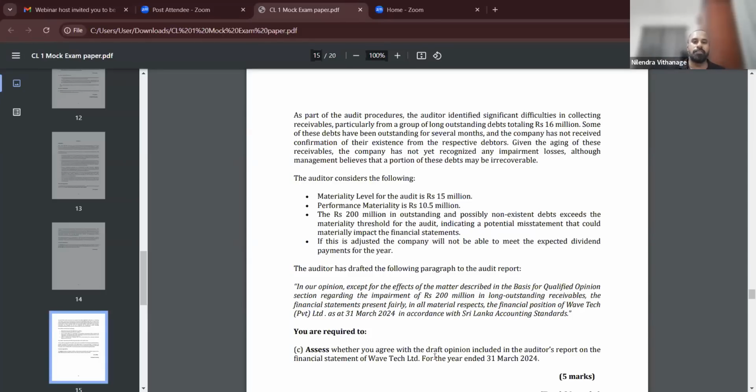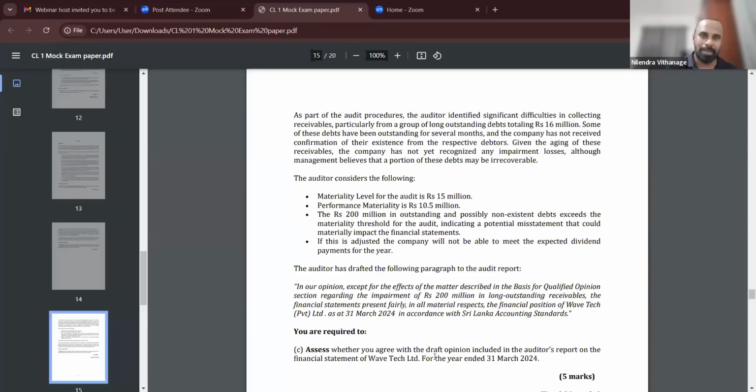Materiality level for the audit is 15 million. Performance materiality 10.5 million. So this is material. The 200 million in outstanding and possibly non-existent debts exceeds the materiality threshold for the audit, indicating potential misstatement that could materially impact the financial statements. If this is adjusted, the company will not be able to meet the expected dividend payments for the year.